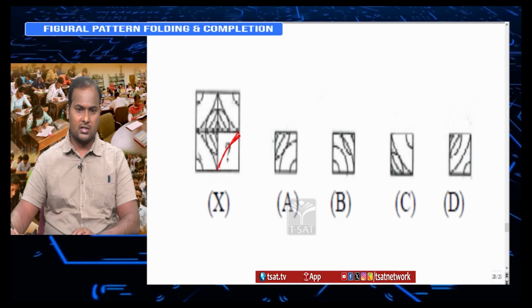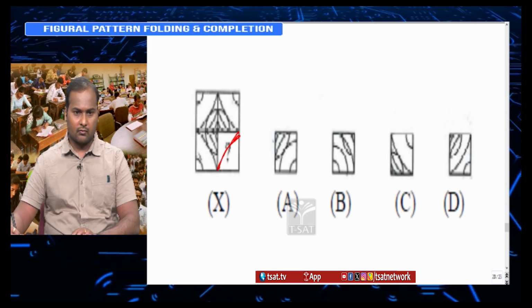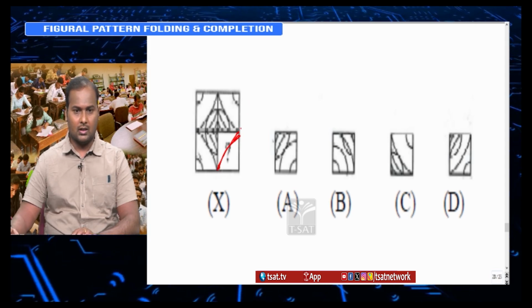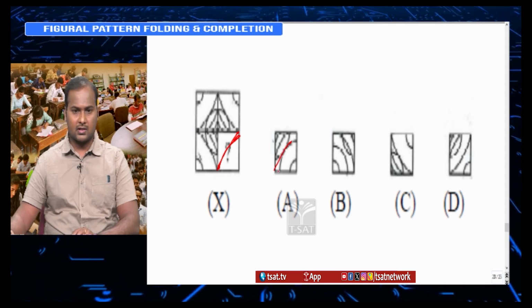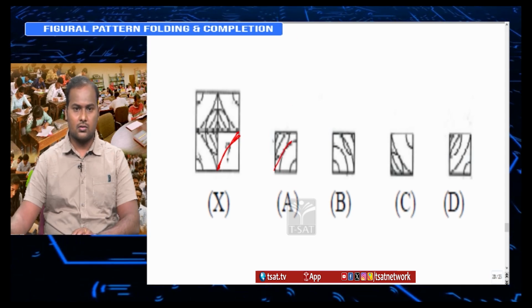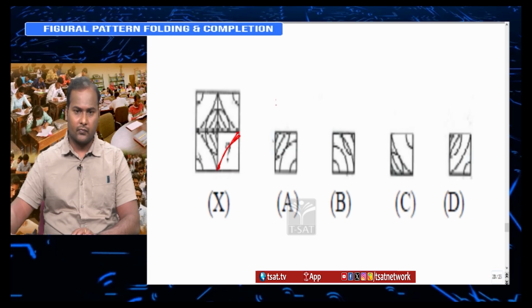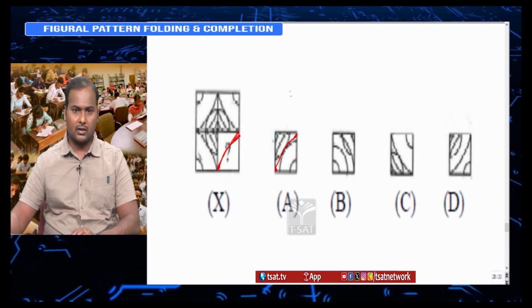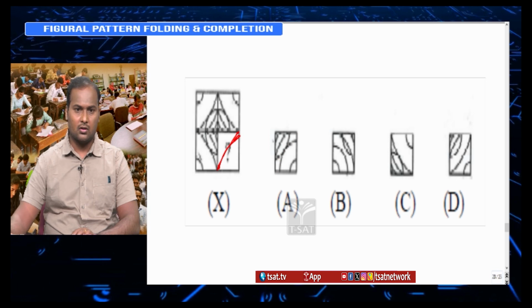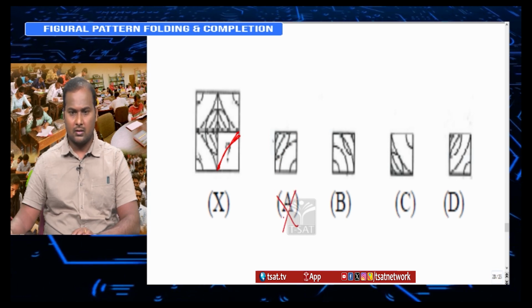So what is the elimination? First elimination here, one line should be drawn from one point to the next point. You see option A, from here to here there is no line. It is starting somewhere from here, right? In case of option A, if the line is from this point to this point, then that will be correct. But in option A it is not there. So obviously option A becomes wrong.